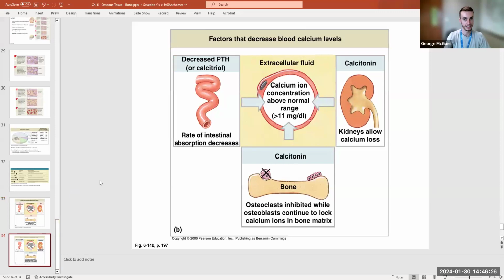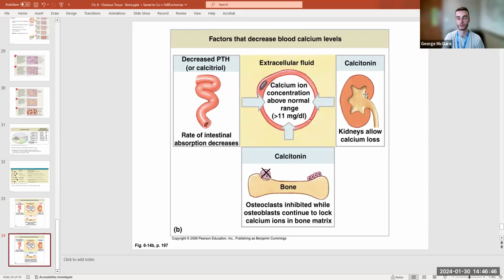So on the opposite end of the spectrum, when our blood concentrations are getting too high, our parathyroid hormone and calcitriol levels are going to decrease, or we'll try to inhibit how much of those we are producing, thus decreasing how much calcium we are actively absorbing from our diet.